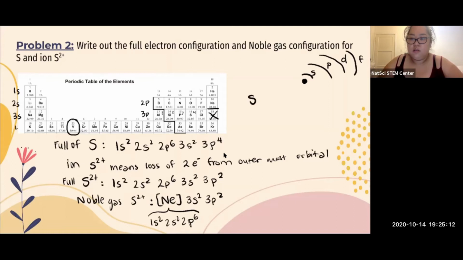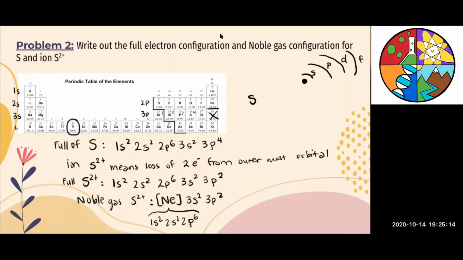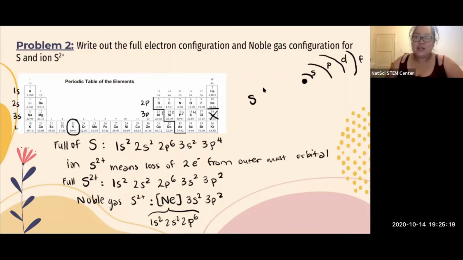Yeah, got it. Someone's asking, do you always use neon to get the noble gas? In this case, neon was just my example. The next one actually will not be neon.